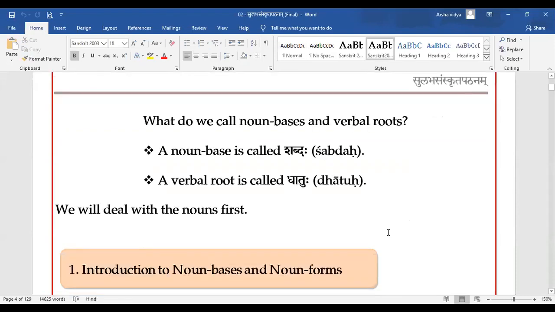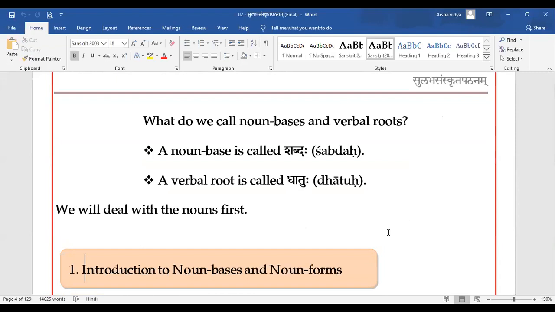And what will you do with the padam? Padam also means word. So that's why I use the word noun base for shabda and noun form for namapadam. That would be better. If I use a word for both, you will get confused.